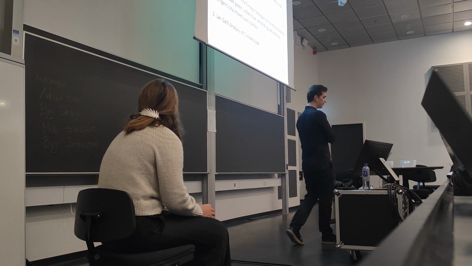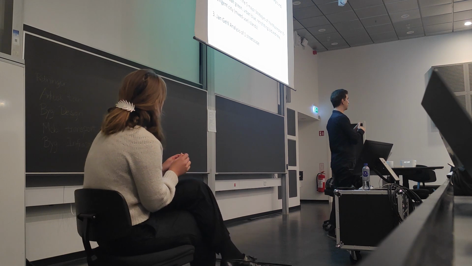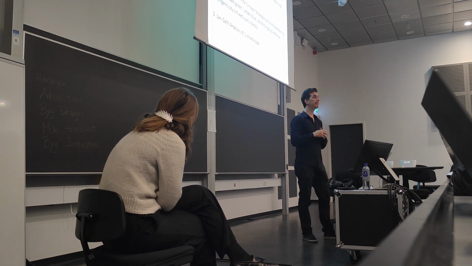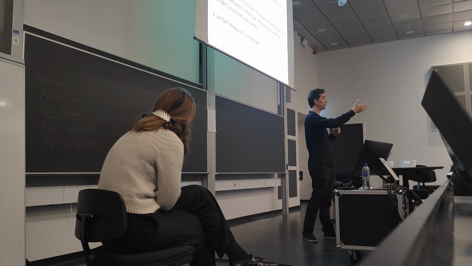The second product is to pick one of those characteristics of the district. You choose one, mobility, for example, whatever you want, and then you're going to talk about that in relation to the master plan.